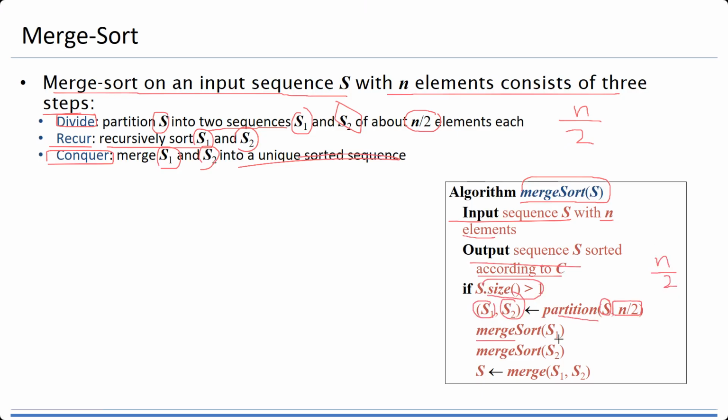Then we have the merge sort of S1, which means we are doing the merge sort again. After we finish with the left subset S1, we do the merge sort of S2. We do the recursion on S2. And after we finish with this, we do the merging of S1 and S2.